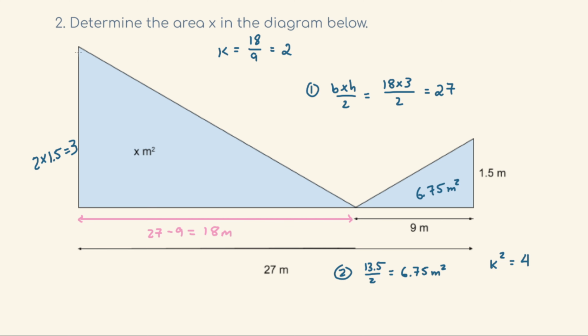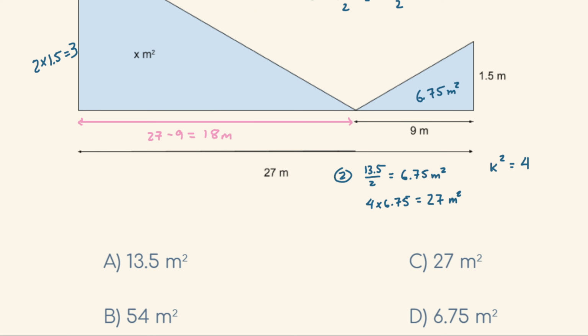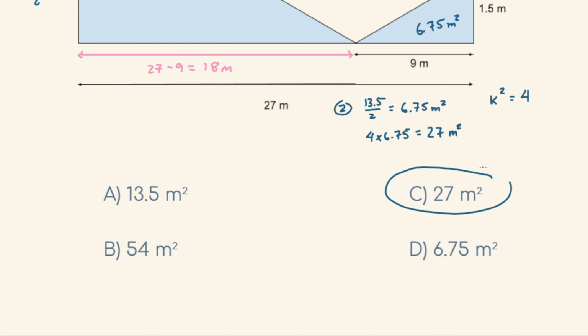So the area of this big triangle here is 4 times the area of this small triangle. So 4 times 6.75 will get you right back to that 27 meters squared. Okay, so those two answers make sense because they agree with each other. So we're just going to scroll right down here and circle C.